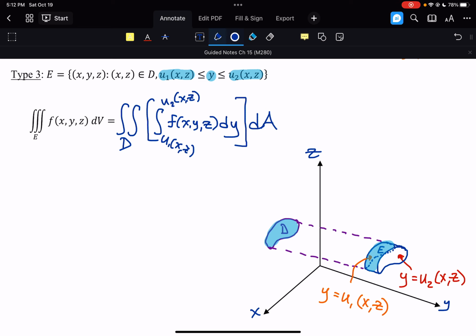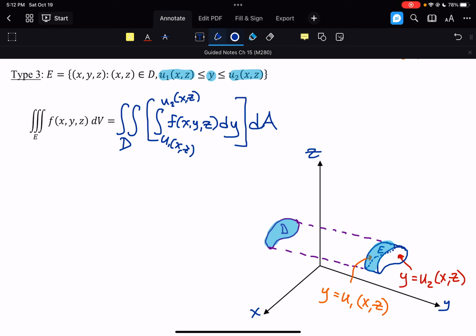So again, I'll make the same recommendation that I did with the double integrals over general regions: memorizing them as type 1, type 2, type 3 is all well and good, but it's not the most effective way to remember them, in my opinion. I find that focusing on the direction of the projection is the most helpful.